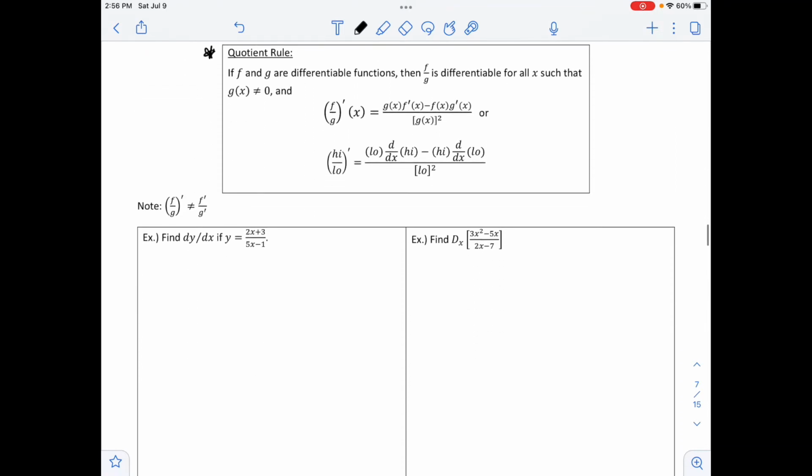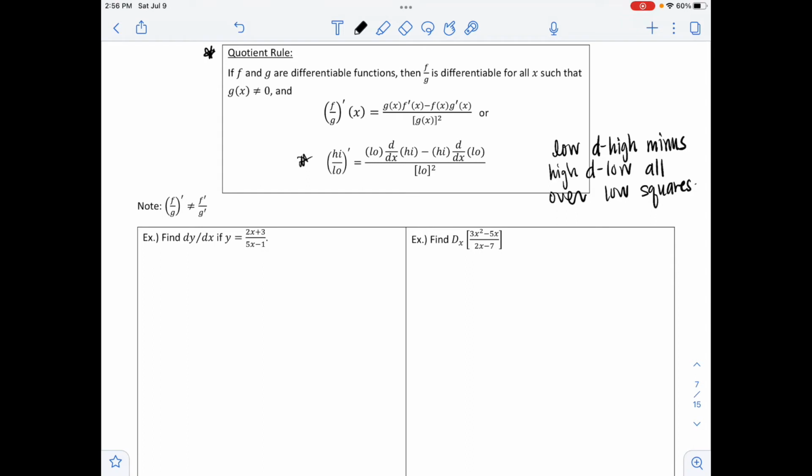So for this one, the way I remember this is by using this little saying, and it goes low d high. So we say low d high, which is like the derivative of the top, minus high d low, all over low squared.